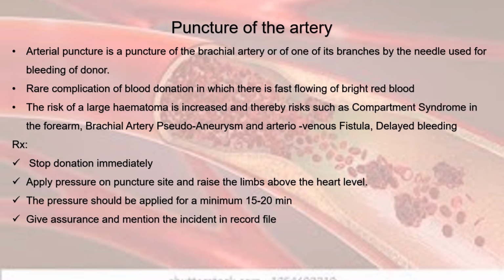If such a puncture is made, a brachial artery pseudoaneurysm can form, or there can be an arteriovenous fistula, or delayed bleeding can be observed. Although these are very rare, they can happen.